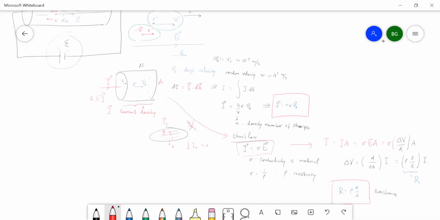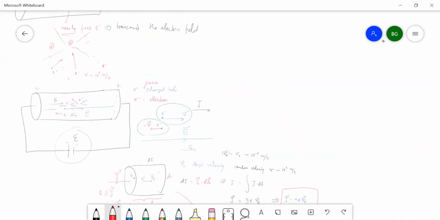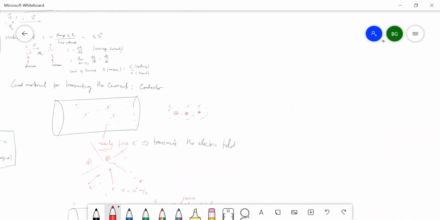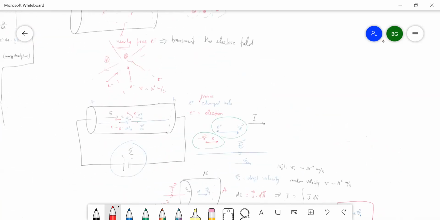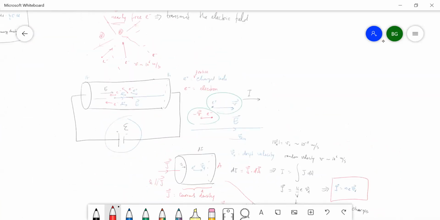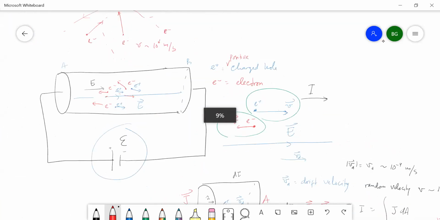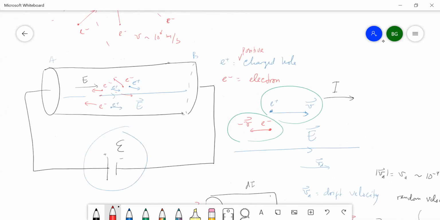Okay, we discussed direct current last week. In general, if we have a cylindrical material and connect it with a battery or source of voltage, there will be a current around this cylindrical material.